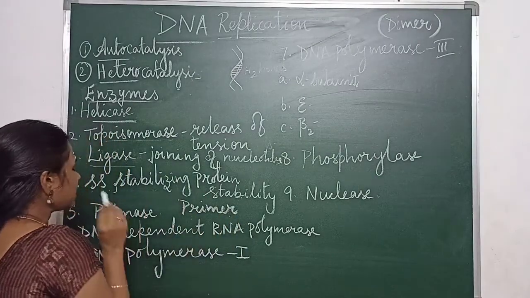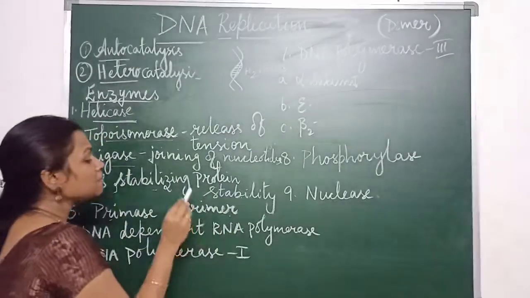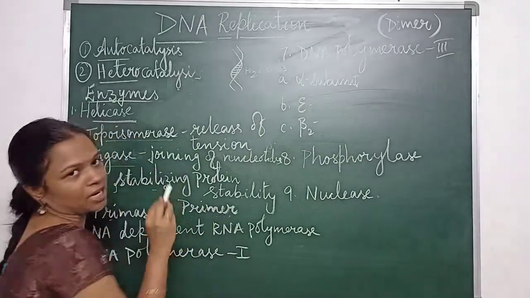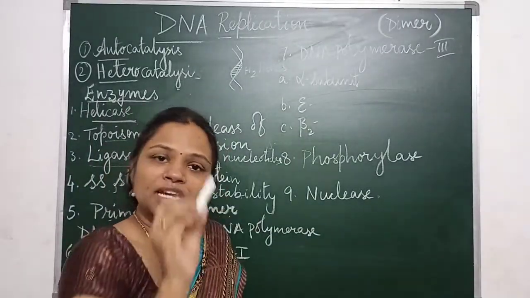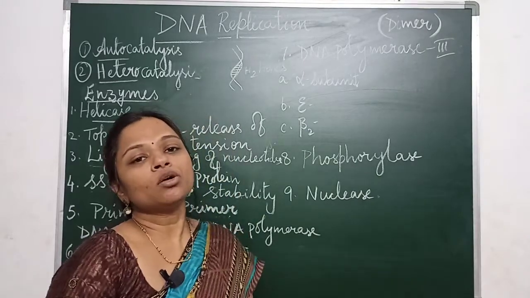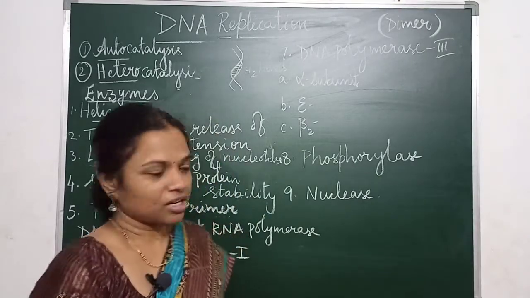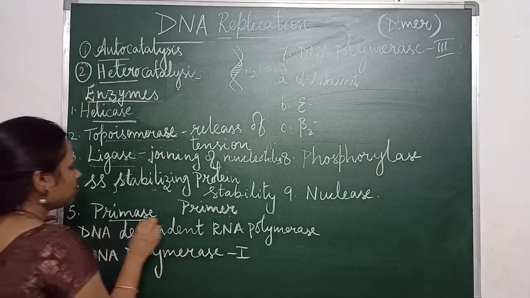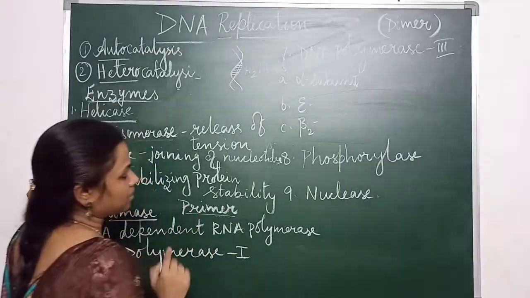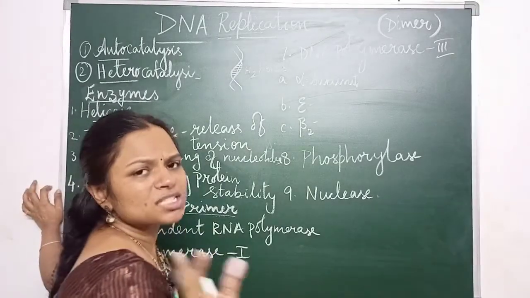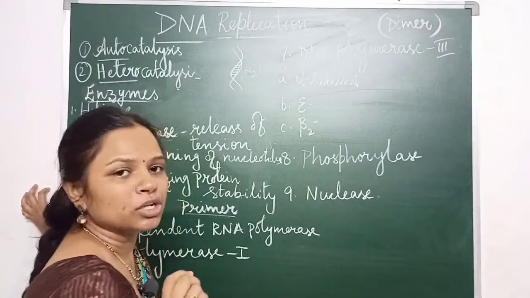The enzyme primase helps in the synthesis of this primer. Always the primer attaches first, and to that the nucleotides are attached. Primer is nothing but a small segment of RNA nucleotides.